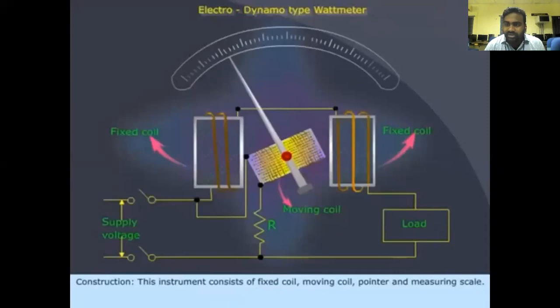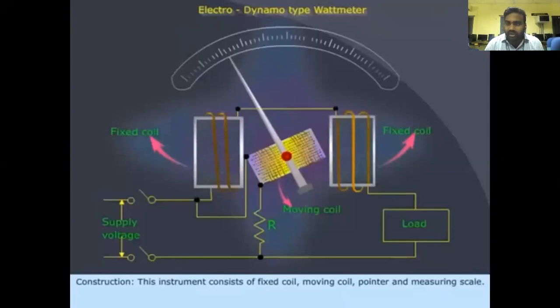This is the exact line diagram and a complete cross section of the electrodynamometer type wattmeter. Here we are going to see how the individual parts work: how the fixed coils work, how the moving coil works, how current flows in the fixed coil, how voltage is applied across the moving coil, how the needle deflects, and the behavior of the load current.